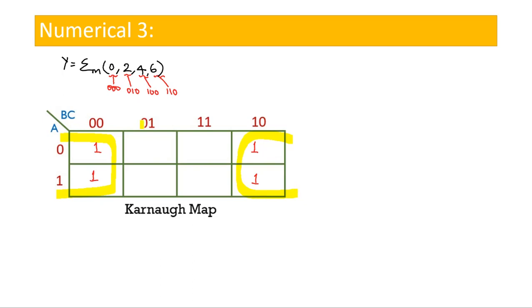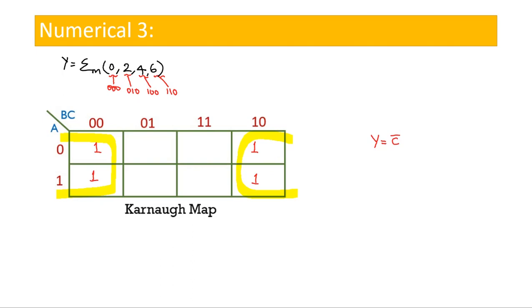So this reduces to A bar plus A, which is equal to 1, and here I have the term C bar, which is common, whereas the term B bar plus B appears. So the result can be written directly as y is equal to C bar.